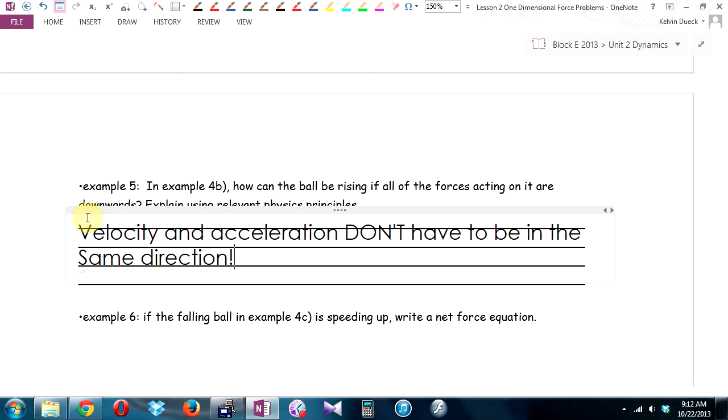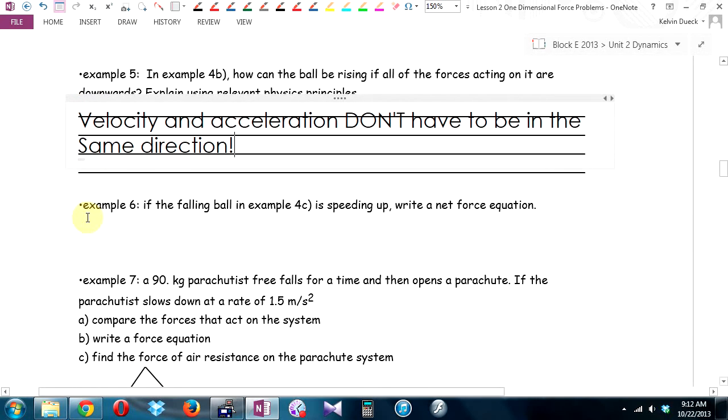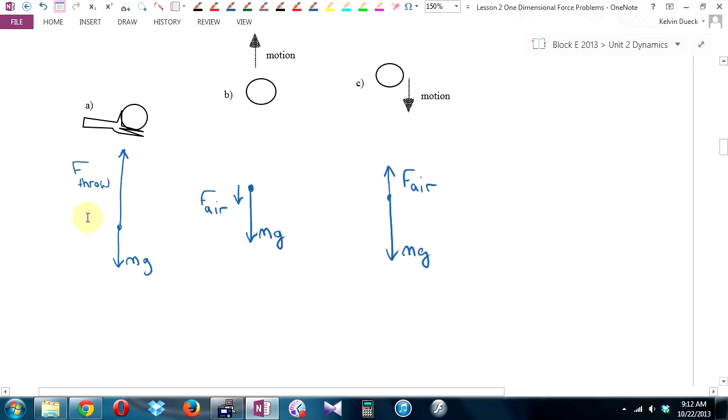Example 6. If the ball in example 4c right here is speeding up, write a net force equation. Okay. Who's winning?